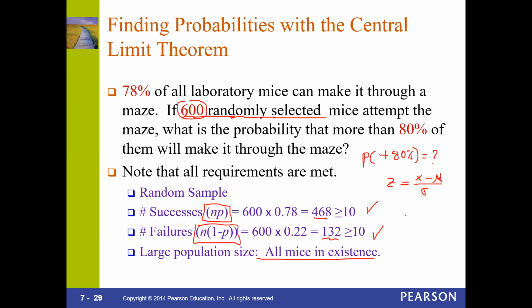But because it's in proportion, in this case it will be p hat minus mu p hat over sigma p hat, and so on.